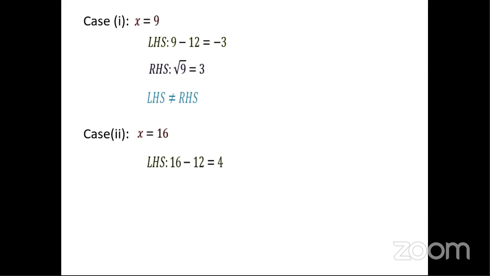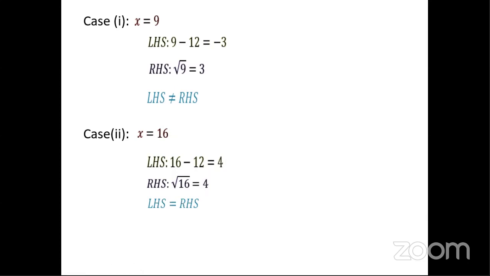Your x value is 16. 16 minus 12 is nothing but 4. Your LHS is 4. Take your RHS. RHS is root x. Instead of x, you substitute 16. Root 16 is nothing but 4. Right?